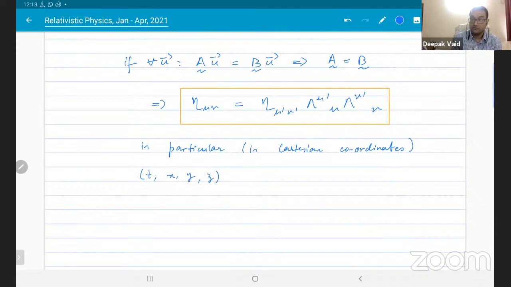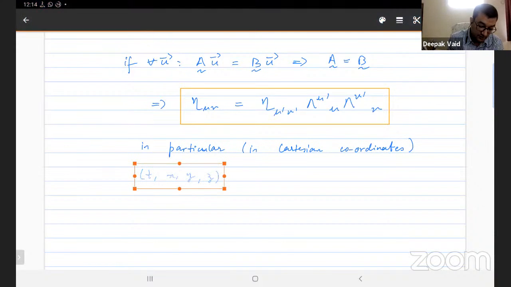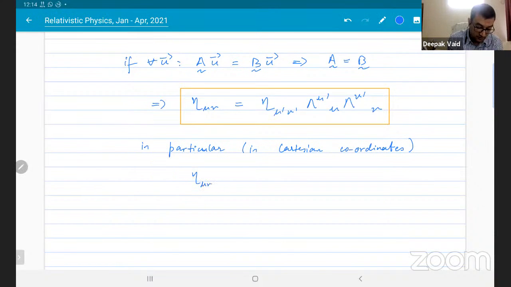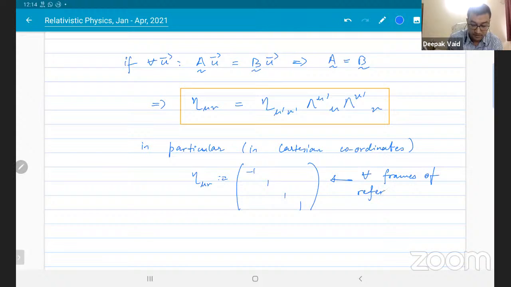I could work in some other coordinates also, which are some combinations of t, x, y, z, which are not Cartesian. So in Cartesian coordinates, this is true in all frames of reference. The components of eta mu nu remain the same in all frames of reference.